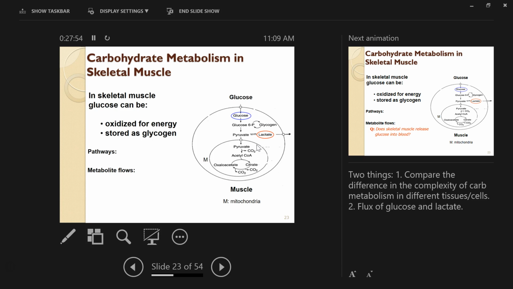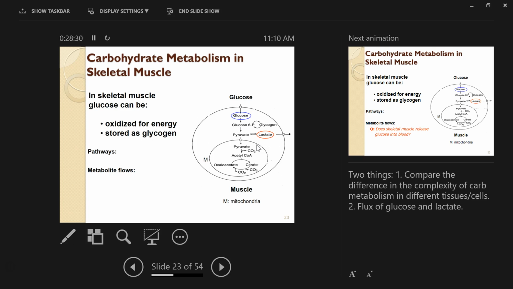The liver stores glycogen and releases glucose for other tissues to use as energy during fasting, and muscle-stored glycogen will not directly release glucose into the circulation from glycogen breakdown, but is mostly for the muscle cell's own use, right, for energy during exercise. So it's different. And if you look at the metabolic flow, you only see the influx of glucose, right?